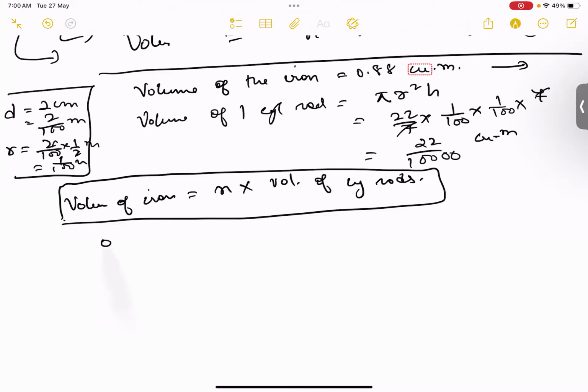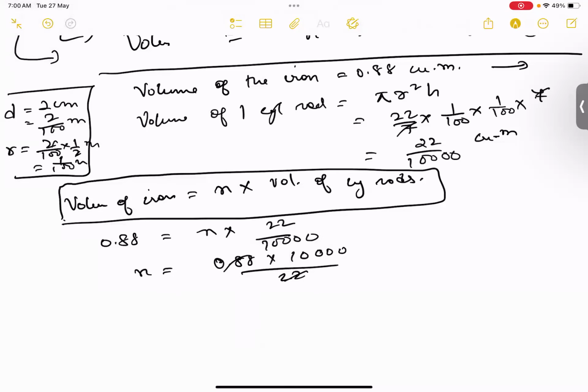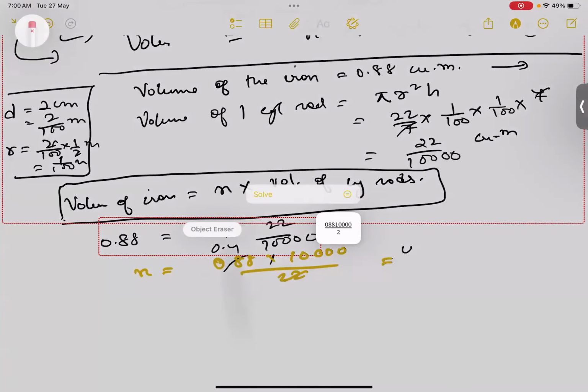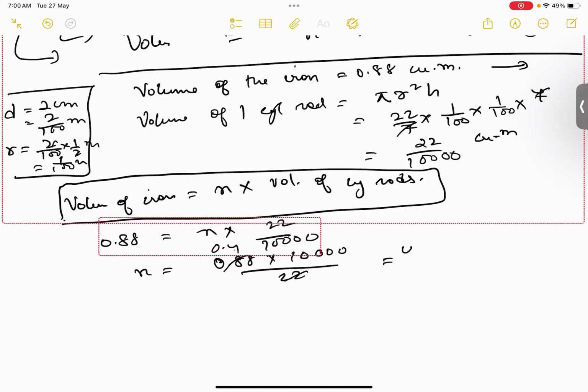So it will be 0.88 is equal to n into 22 by 10,000. So n is equal to 0.88 into 10,000 divided by 22.